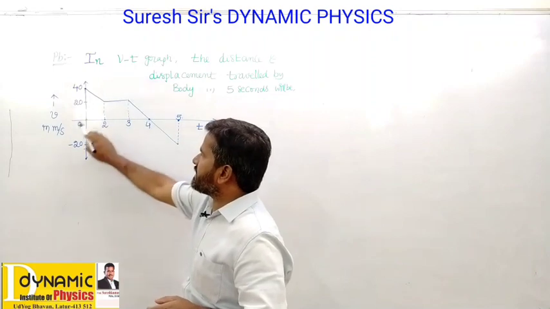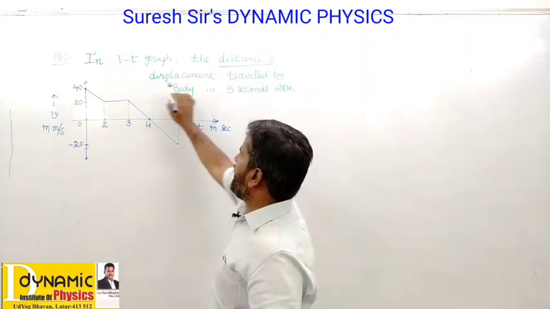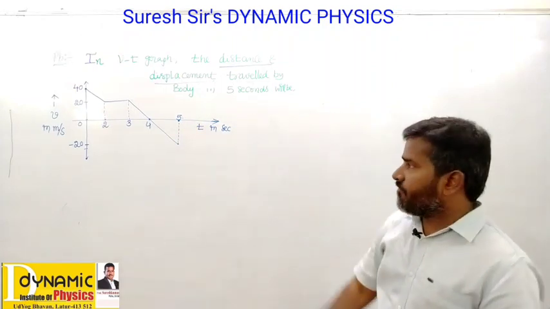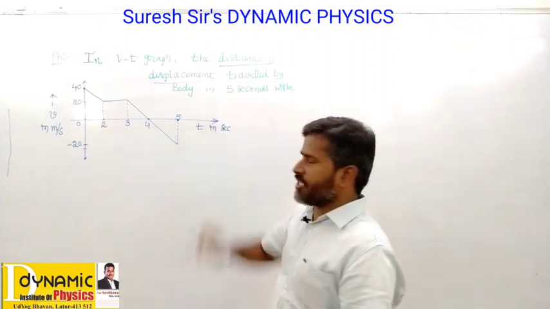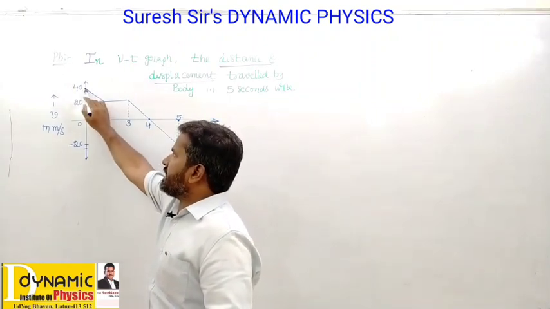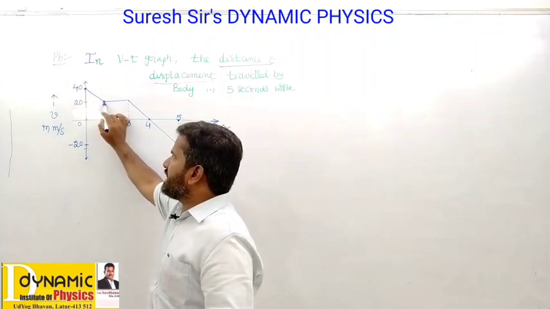Now a VT graph, velocity and time graph. We want the distance and displacement traveled by the body in 5 seconds. Initially the starting velocity is maximum and the velocity decreases.